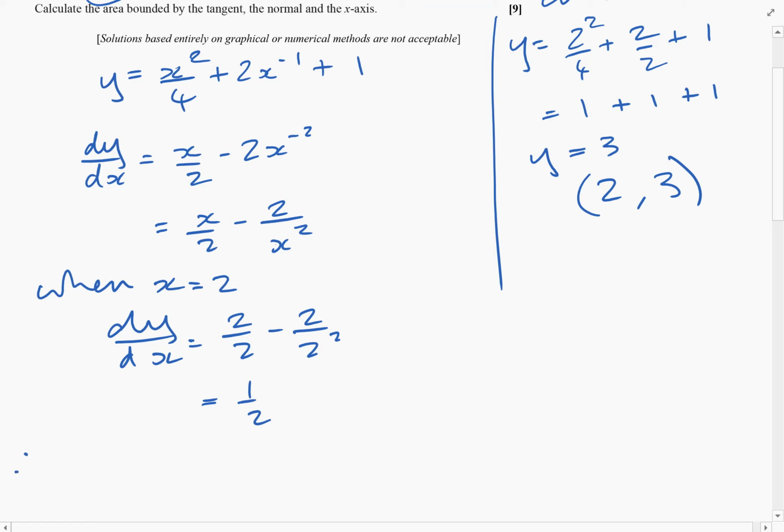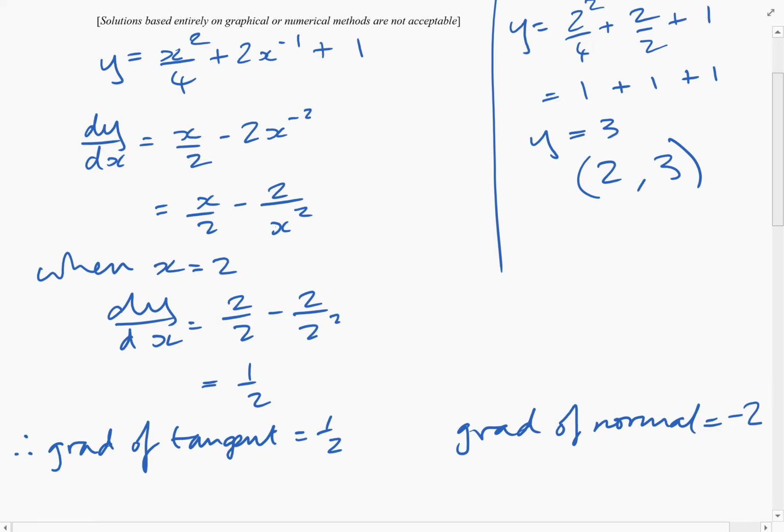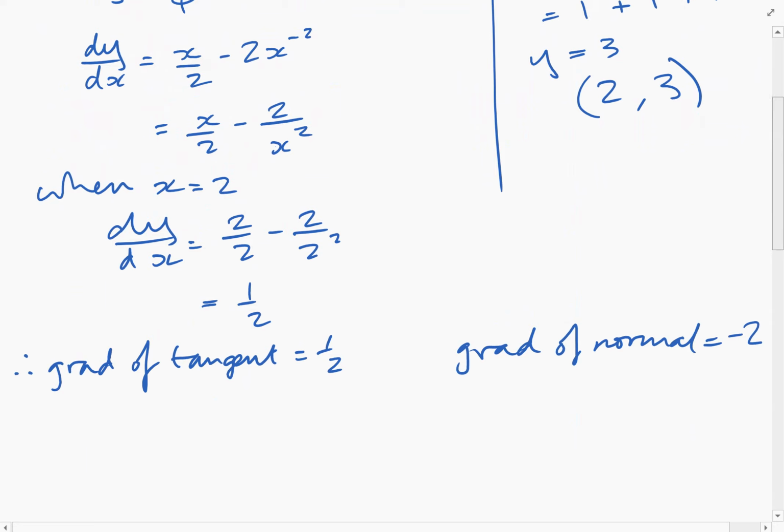So that's the gradient of the tangent is a half, and that means the gradient of the normal is going to be minus 1 over that, which is going to be minus 2.